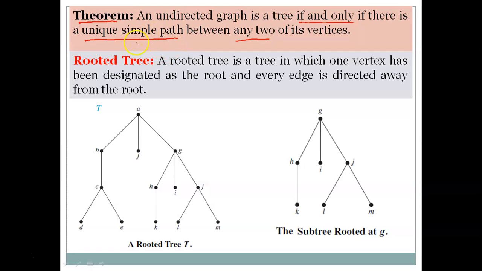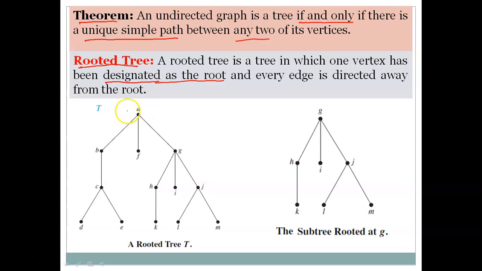The next definition is a rooted tree. What is a rooted tree? A rooted tree is a tree in which one vertex has been designated as a root, and every edge is directed away from this root.